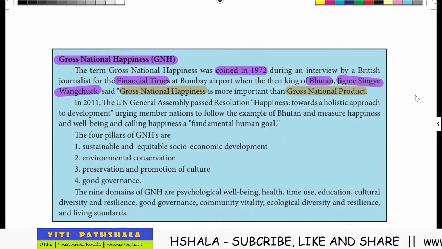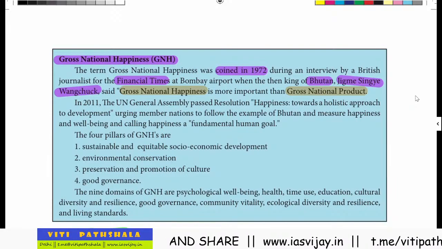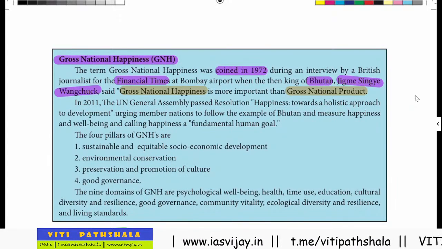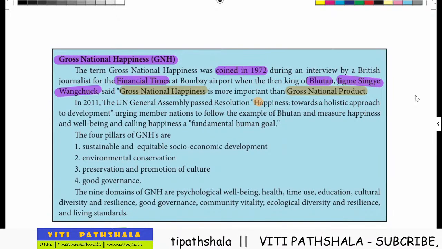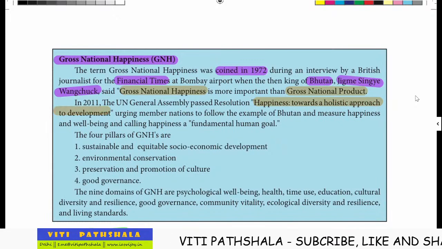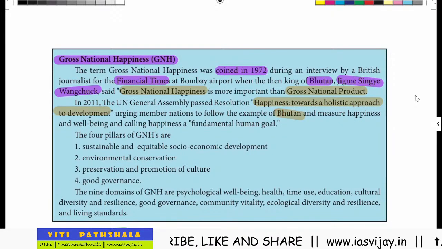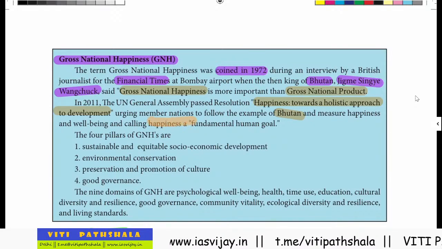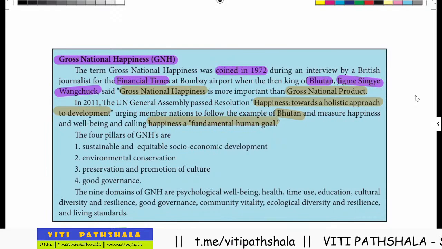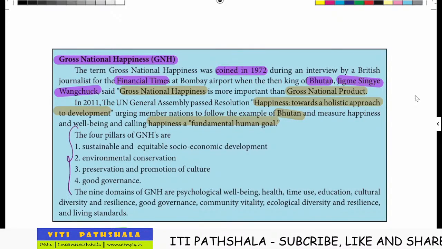Now, in 2011, the United Nations General Assembly passed a resolution on happiness, a holistic approach to development, urging member nations to follow the example of Bhutan and measure happiness and well-being, and calling happiness a fundamental human goal. So these four pillars are asked by the UPSC in the exam.